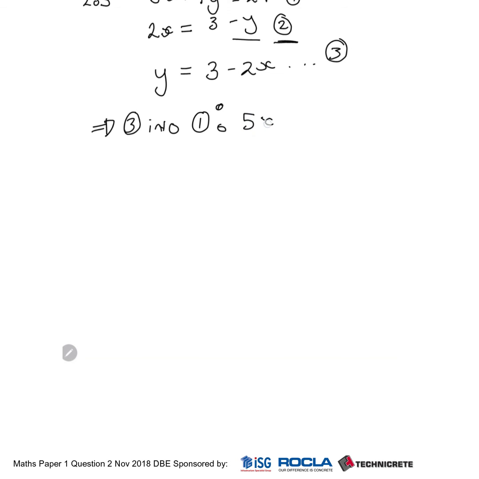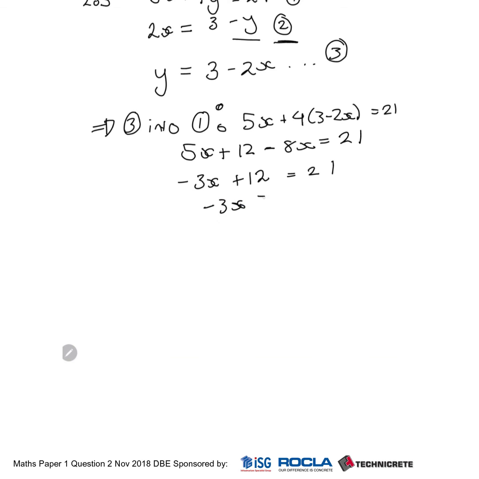So 5x plus 4 times y, which is 3 minus 2x, is equal to 21. Then I'm going to tidy that up a bit, so it'll be 5x plus 12 minus 8x is equal to 21. So 5x minus 8x is minus 3x, plus 12, which is equal to 21.